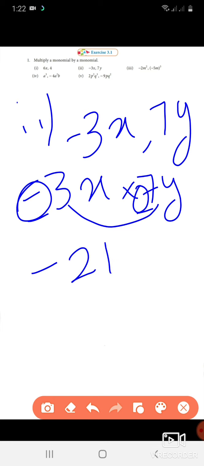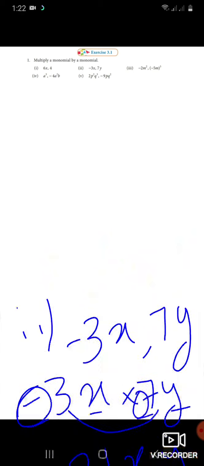Here we have different variables, so just write x into y, that means xy. If the base, that is the variable, is the same, then only we can add the powers. But here we have different variables, so just write x and y. So the answer is minus 21xy. Is it clear, students? Yes.